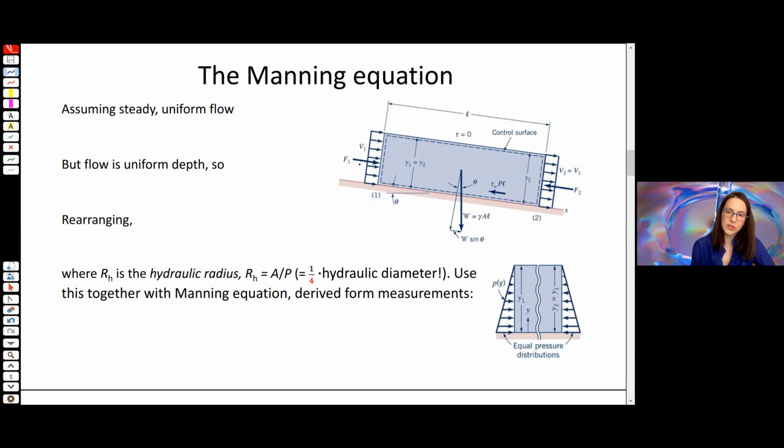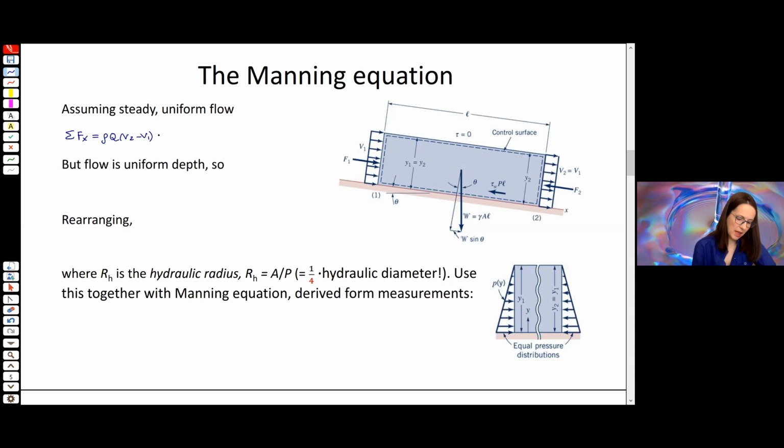All right, if we assume now steady uniform flow, and we sum forces along the flow direction in the x direction, just writing down our expression that we've derived all the way back in chapters 3 and 5 for the flux of linear momentum through the control surface.